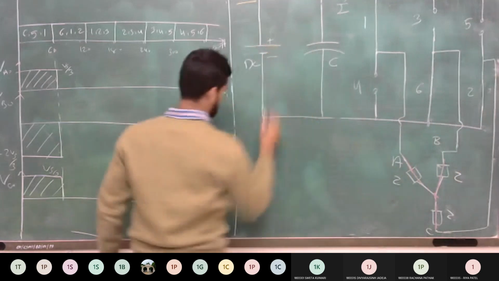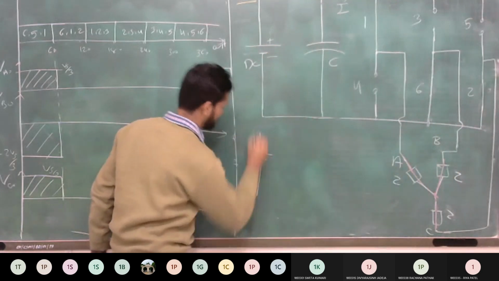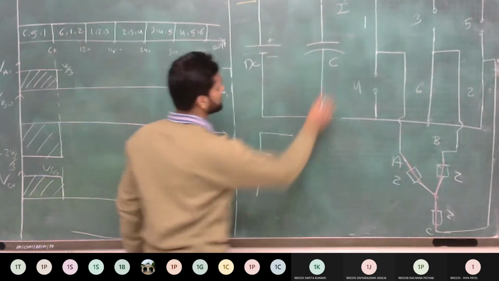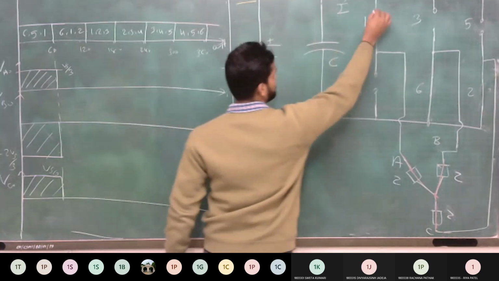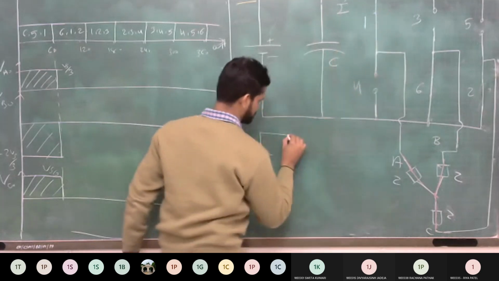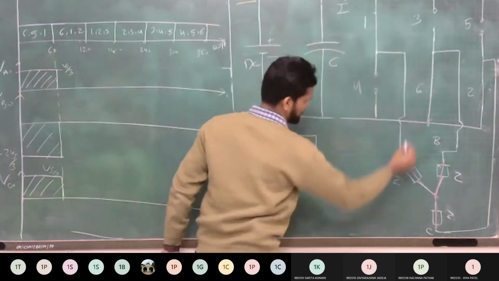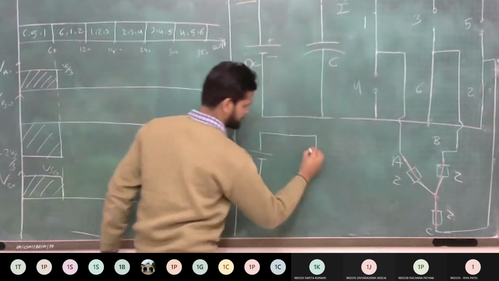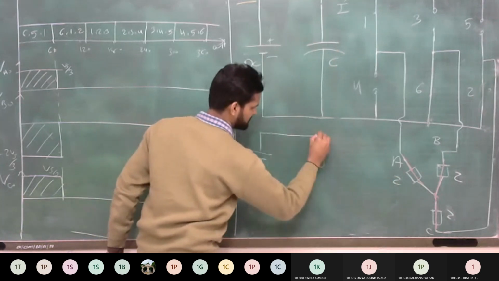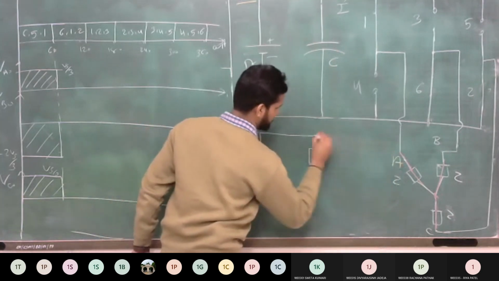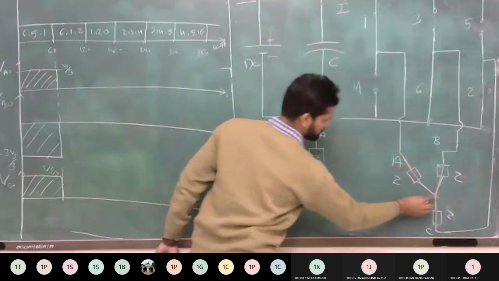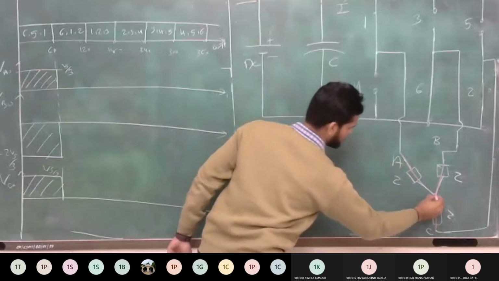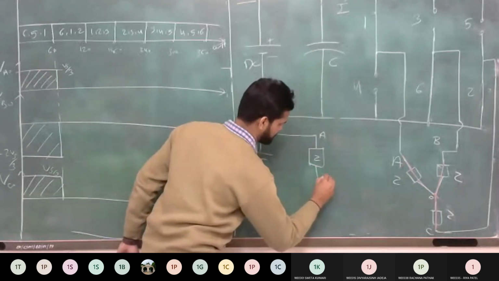Let's do the equivalent circuit for this case. The supply DC current is flowing into switch number 1, which acts as a closed switch, and flows into the impedance Z of phase A. This is terminal A, and this is terminal O, the neutral point.